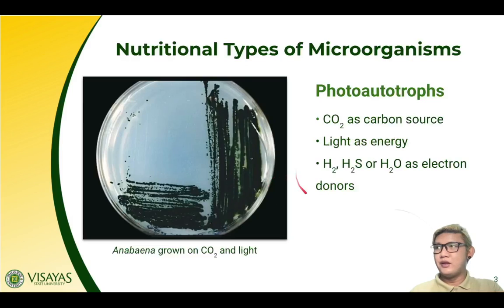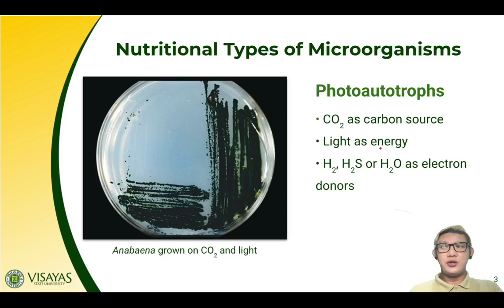Okay. So what are the different nutritional types of microorganisms? First are what we call the photoautotrophs. So the photoautotrophs are those that use carbon dioxide as carbon source, and light as a source of energy.